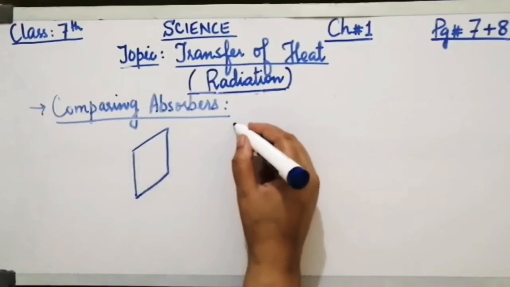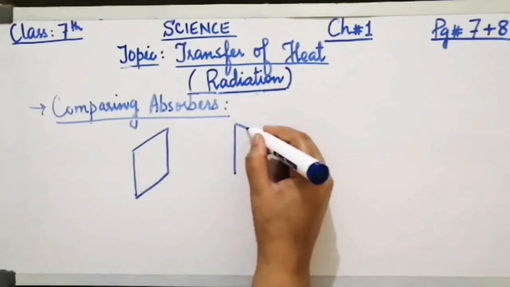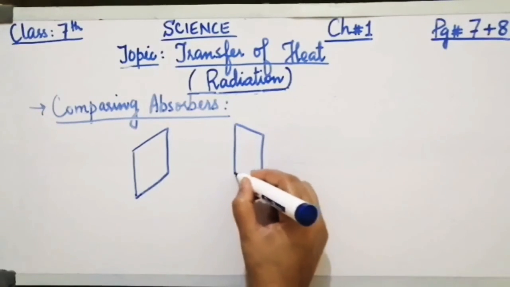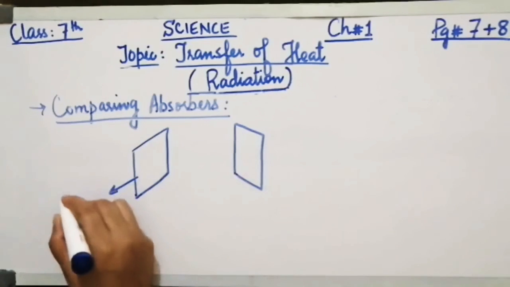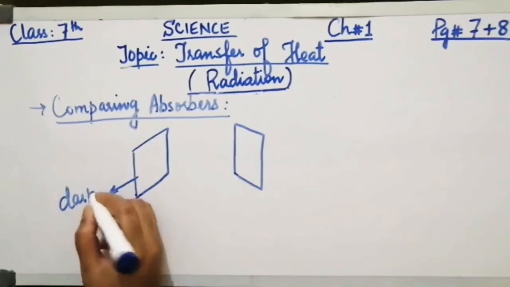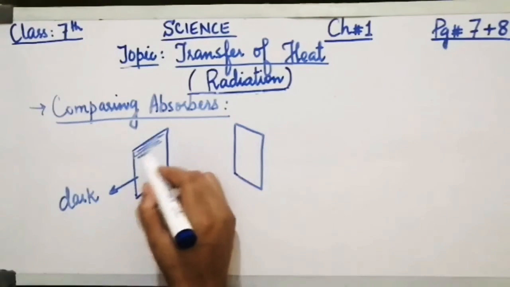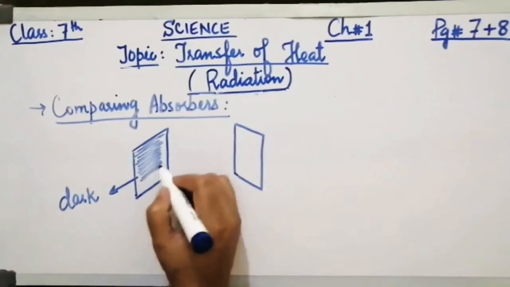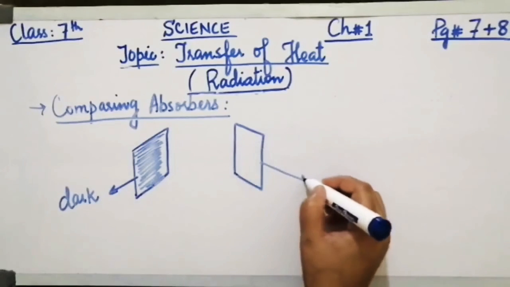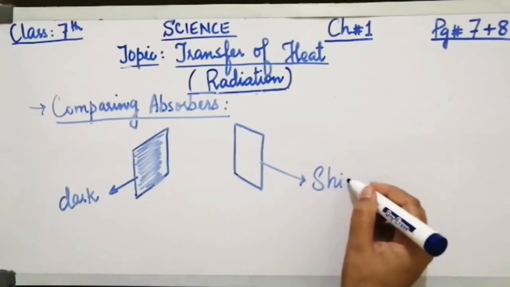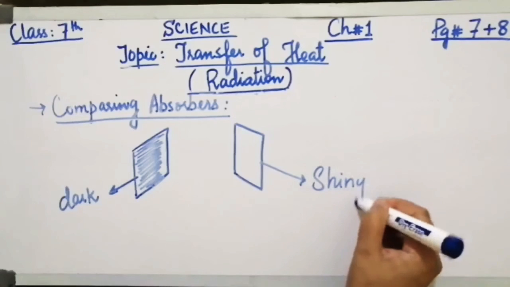One has a dark surface and the other one has a shiny or bright surface. So this is the dark one, so I am making shades in it. While on the other hand, this plate is shiny or has a white surface.